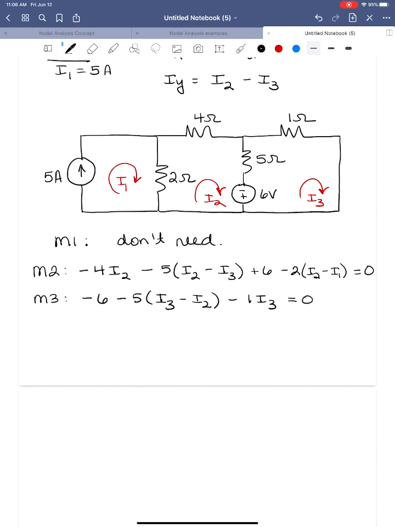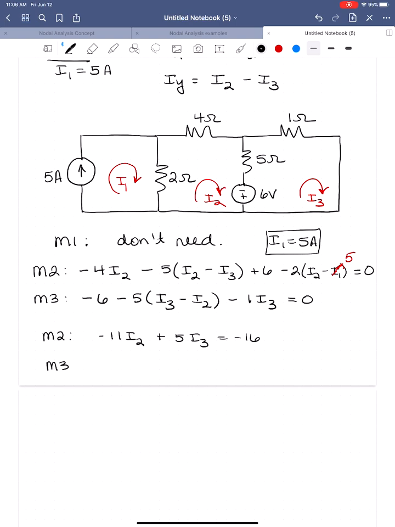Okay, remember that we know that I1 is equal to 5. We wrote that down at the top there. So I can substitute 5 into this expression, and I'll have 2 equations, 2 unknowns in terms of I2 and I3. And I'm going to write those equations down for you. So mesh 2 is going to simplify down to minus 11 I2 plus 5 I3 is equal to minus 16.